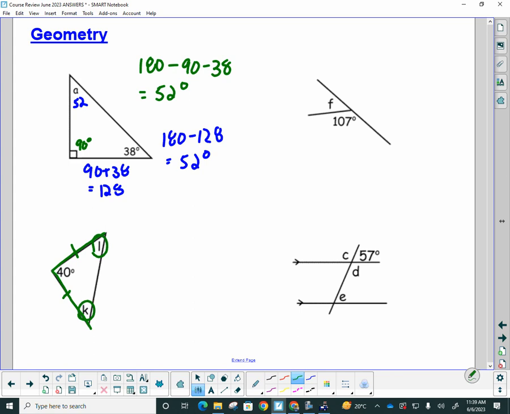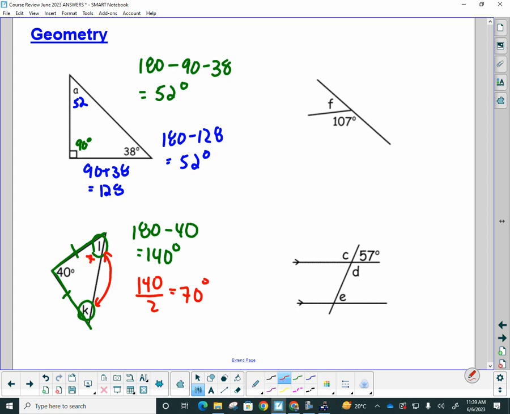So we can stop and think. We know that we have 180 in total. And if we take away the 40 that we know, that's going to leave us with 140 left over. But that 140 has to be divided evenly between these two equal angles. And so I'm going to do 140 divided by 2 to get that each of them is 70.